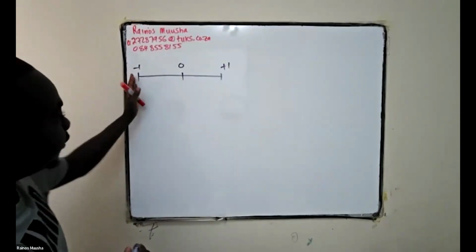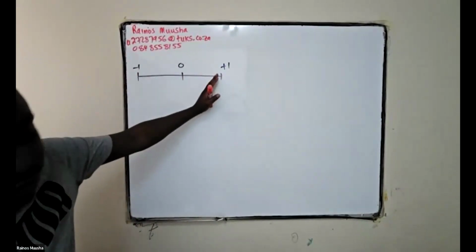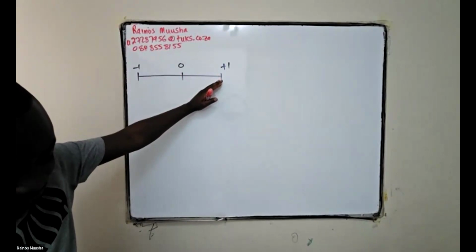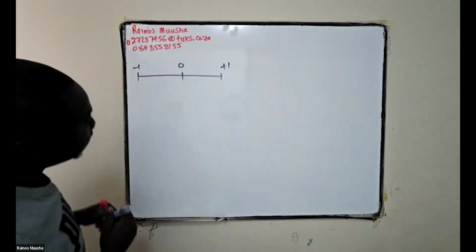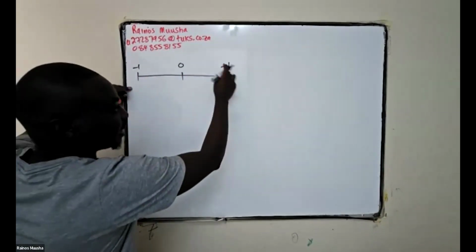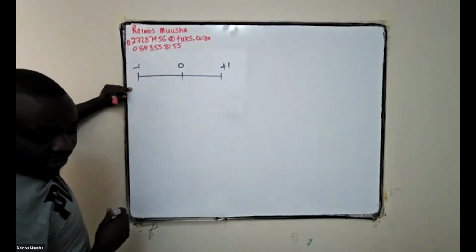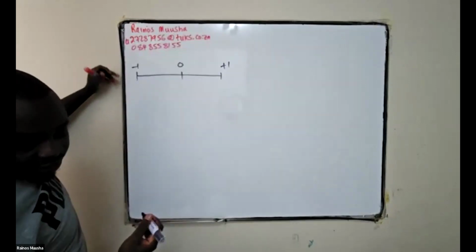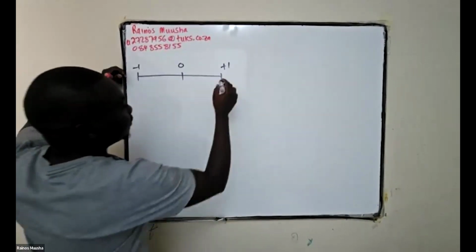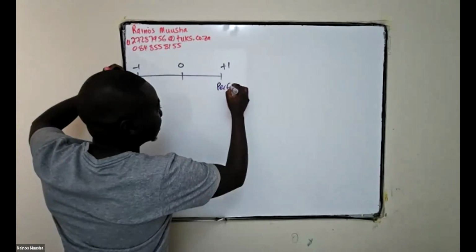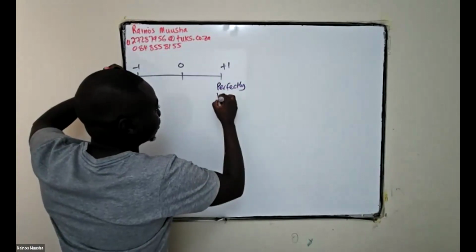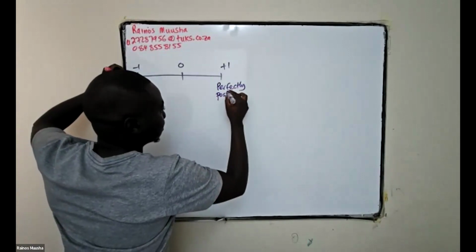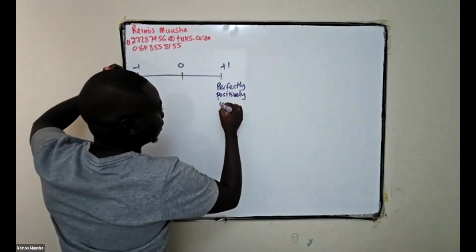So the correlation coefficient is always going to fall within this range. When the correlation coefficient is +1, we say the returns of the assets are perfectly positively correlated.